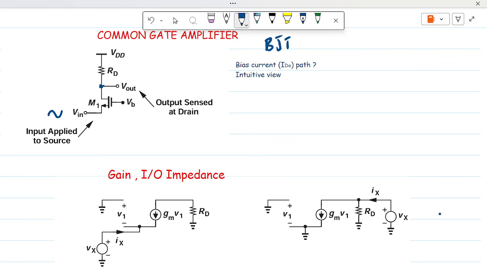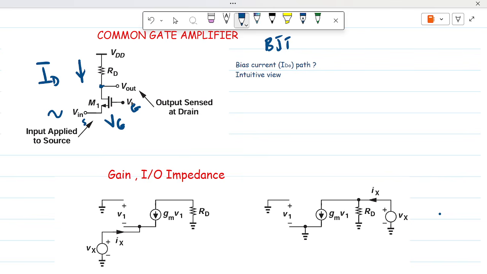Assuming there is a bias voltage, so let's call this the gate voltage, and in this case the signal coming in becomes the source voltage, but we know that the current ID is controlled by the VGS.